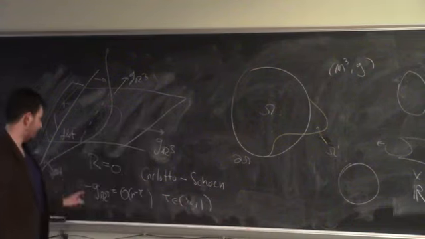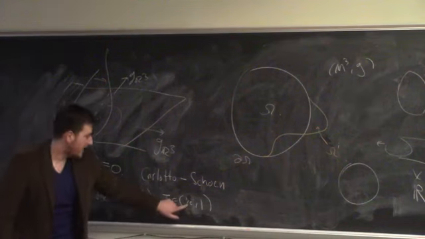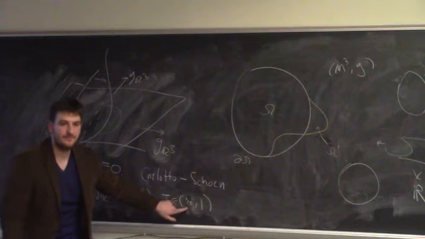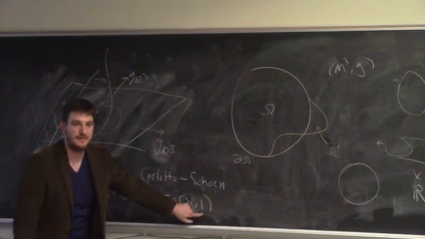These metrics they've proven exist with decay rates like r to the minus tau. So tau had better be bigger than 1/2. That's the right number in 3 dimensions. And they get all the way up to 1, but not quite. 1 is like the Schwarzschild of 3D.